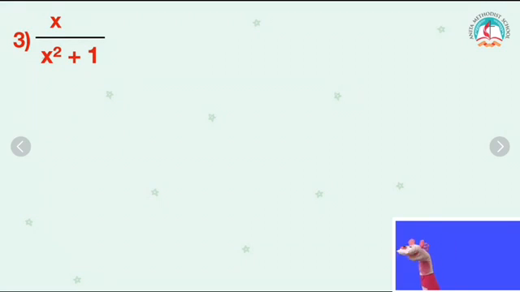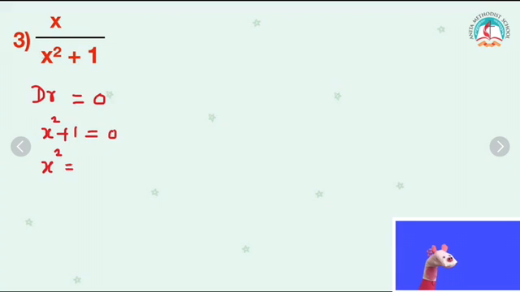Now the next sum, children, x divided by x square plus 1. We have to make the denominator equal to 0. So x square plus 1 equal to 0. So x square plus 1, move to the other side, it will become minus 1. So x squared equal to minus 1.